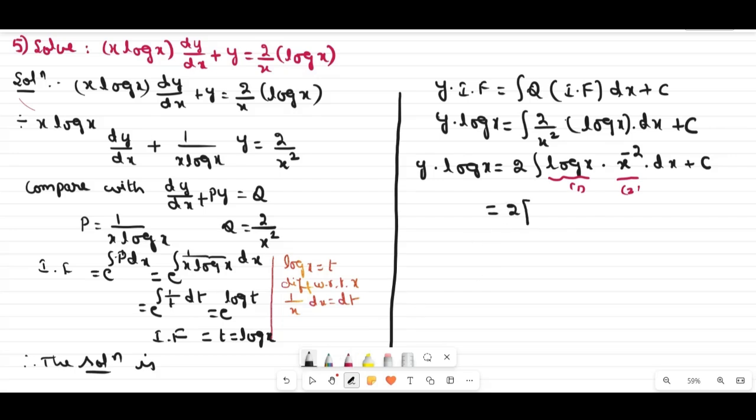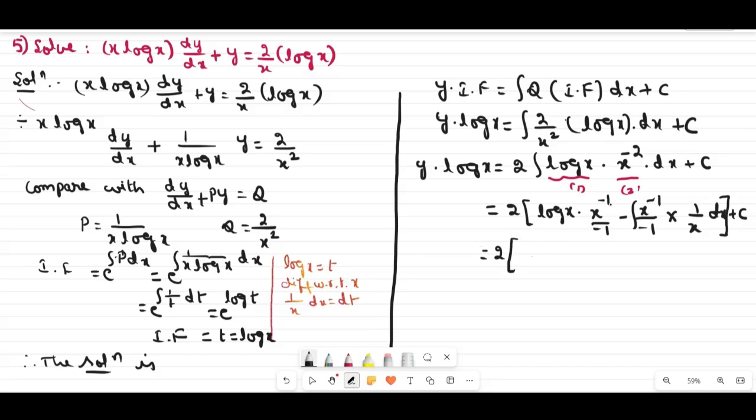So 2 into first function into integral of x power minus 2, which is x power minus 1 by minus 1, minus integral of x power minus 1 by minus 1 into the derivative of log x, which is 1 by x, with respect to x plus c.